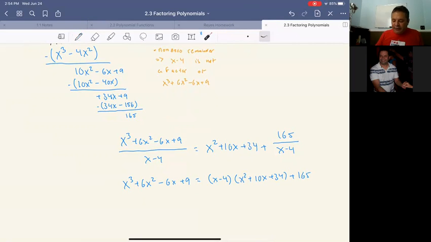All we did here is multiply this x minus 4 on both sides, and it canceled with that one. So if this is f of x, then what's f of 4? Well, this is going to give us 0 here, so f of 4 is just 165. That's important to note.